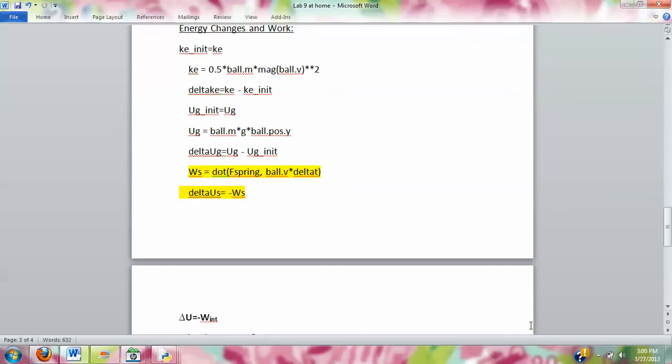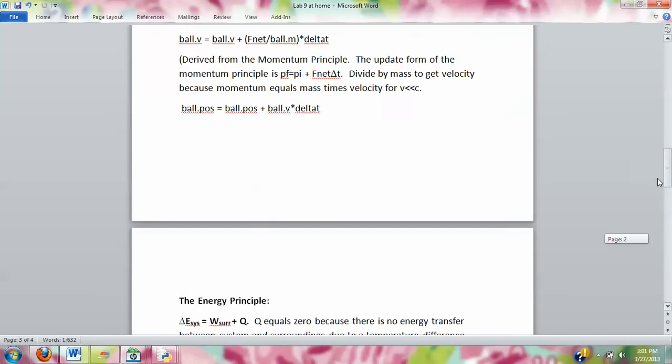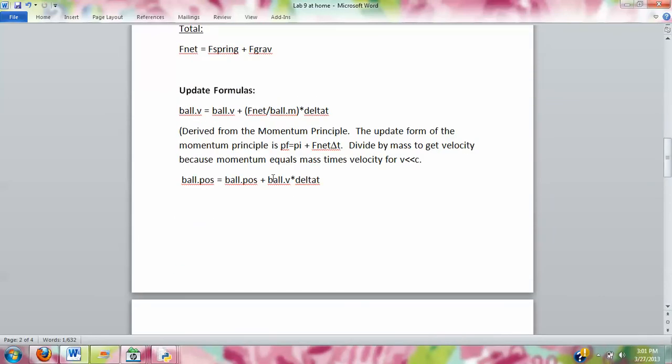This is because change in potential energy is equal to the negative of the work done by interior forces. The work done by the spring is equal to the dot product of the spring force times the change in position. The change in position of the ball is equal to the ball's velocity times delta t. And this term can be found in the position update equation, which is right here.